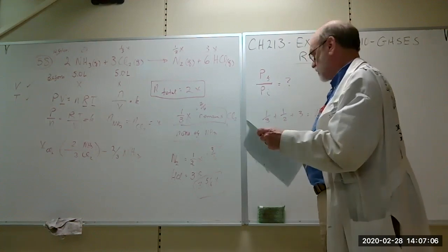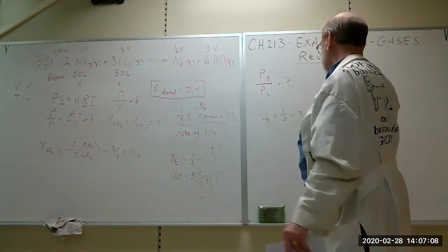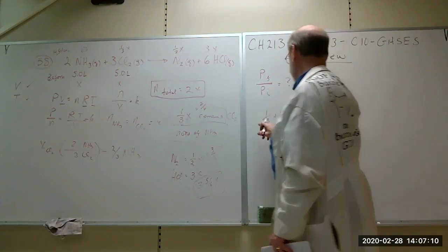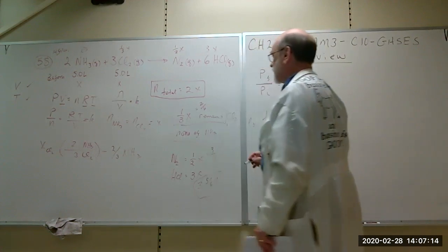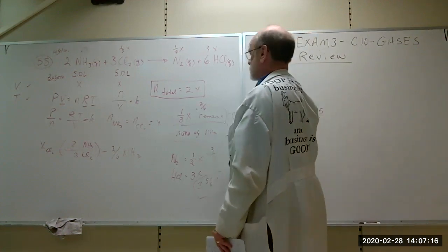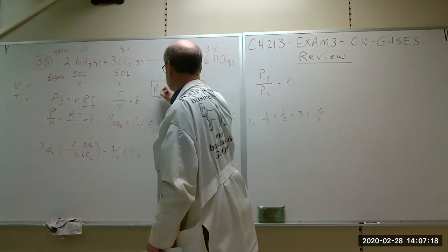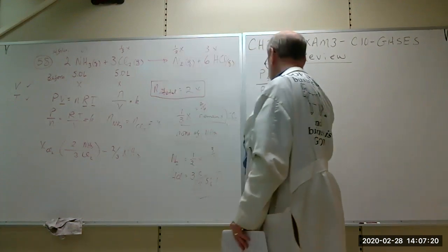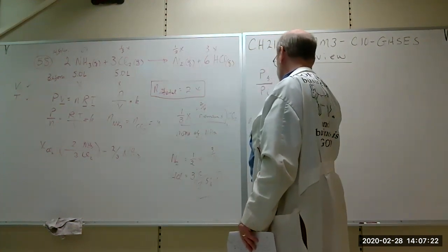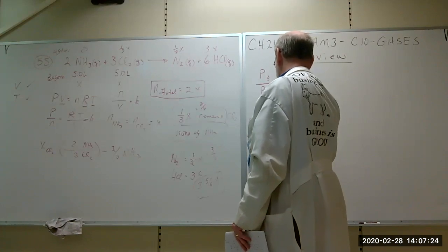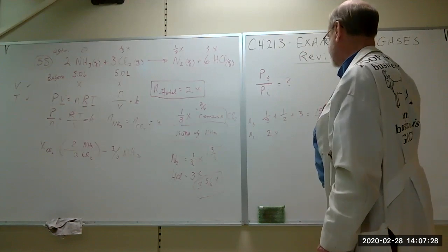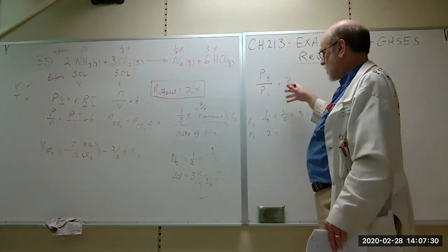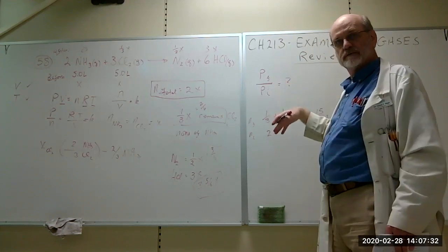So I may have done this one wrong. So this is the final number of moles, and the initial number of moles, well, this is the initial beginning moles, is 2x. Okay. And the pressures are ratioed the same way as the moles.